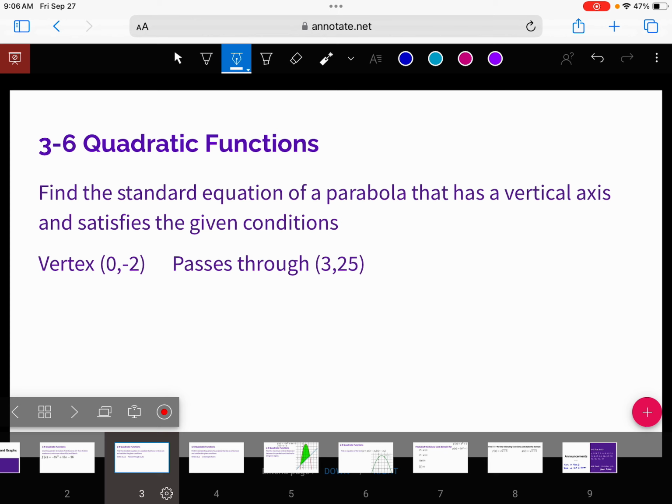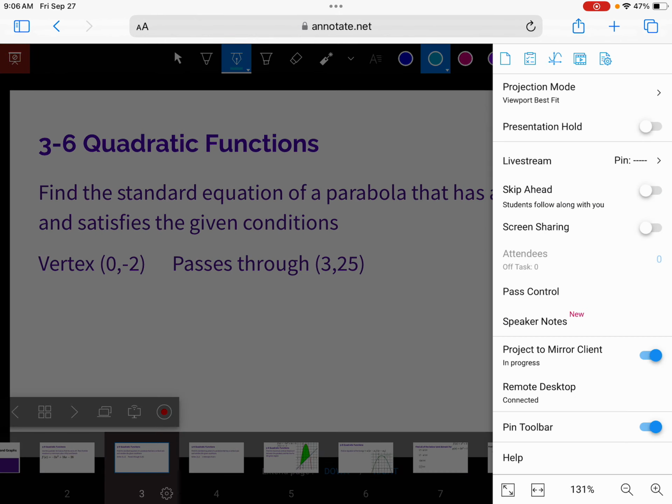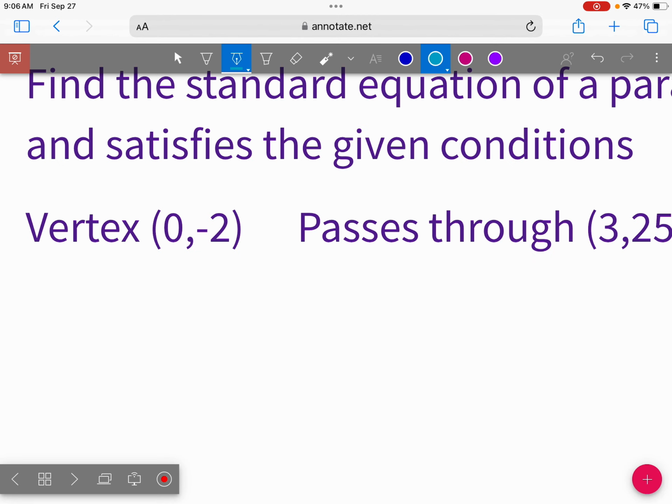So we're going to start by taking our vertex and putting it into our vertex form, or that transformation form. So this vertex, that is our h comma k. We used this yesterday.